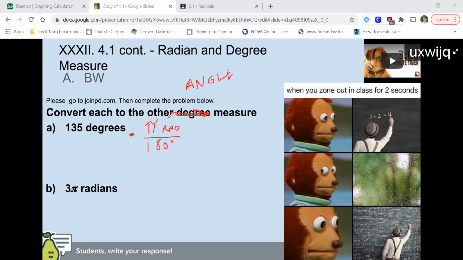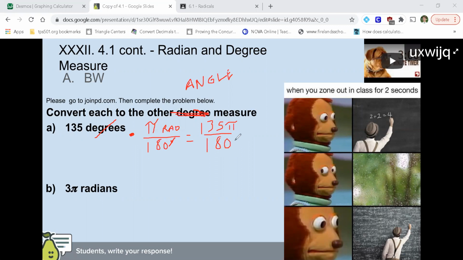Since I'm going from degrees to radians, I want the pi radians to be on top and the 180 degrees to be on bottom, because then the degrees will cancel out, leaving me with 135 pi over 180. So that's the angle in radians.